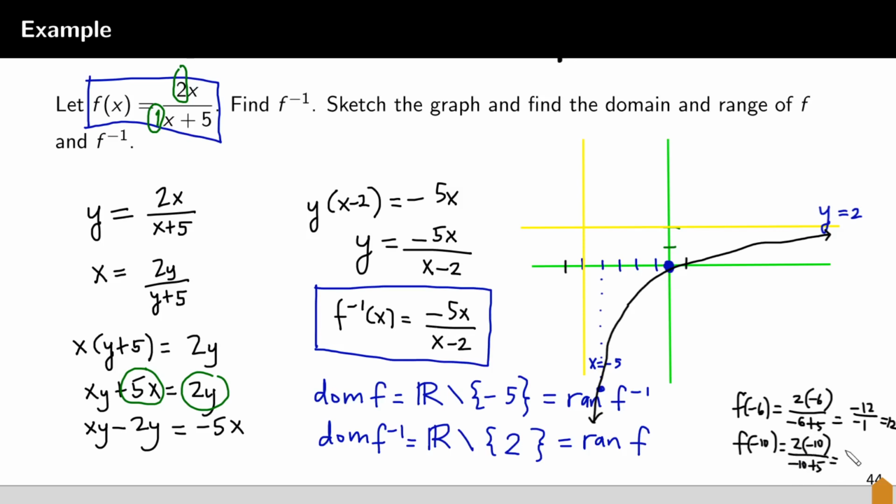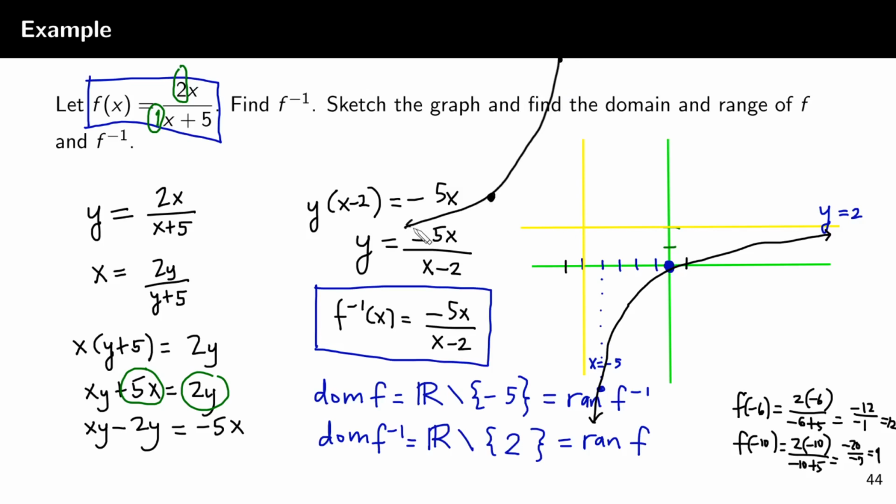So 2 times negative 10 is negative 20, and negative 10 plus 5 is negative 5. So we get 4. Okay. 1, 2, 3, 4, 5, 6, 7, 8, 9, 10. Ito yung negative 10. And then 4 is 1, 2, 3, 4. It's around here. Ayan. So, pwede na natin i-connect tong dalawang points na to.